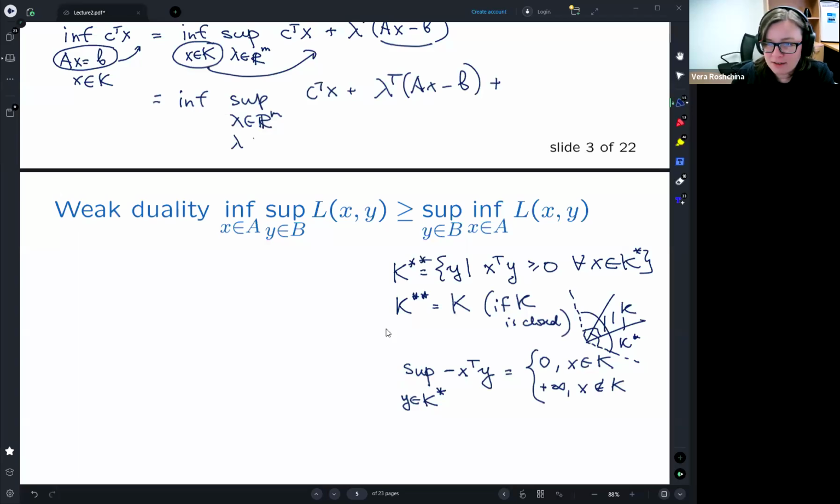So I can say I have some mu in K star, and here I will put minus K star. Here we'll have mu transpose x. So I have completely moved all constraints under the supremum. And now I can swap supremum and infimum and obtain the dual conic programming problem.